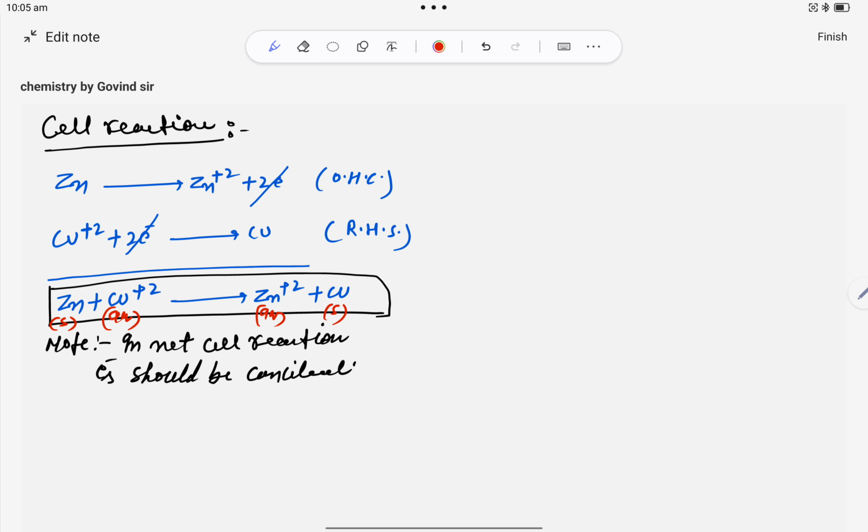So one question is given, what is the net cell reaction? It is given nickel, nickel plus 2, salt bridge, Ag plus, Ag. What is the net cell reaction?